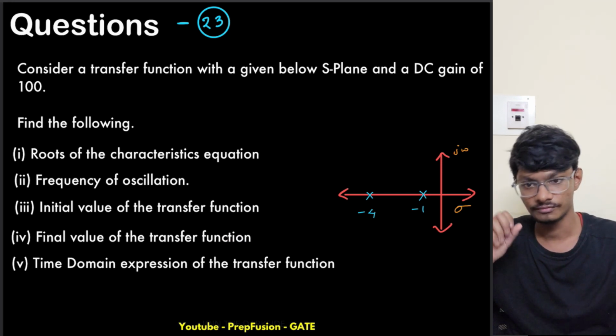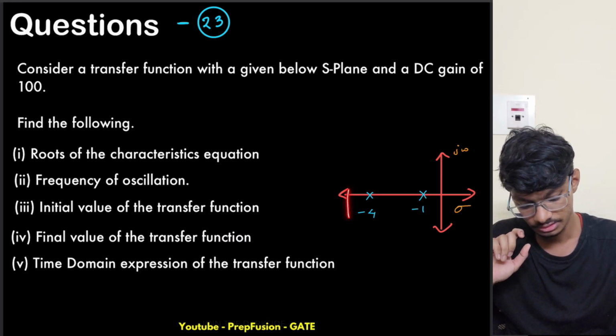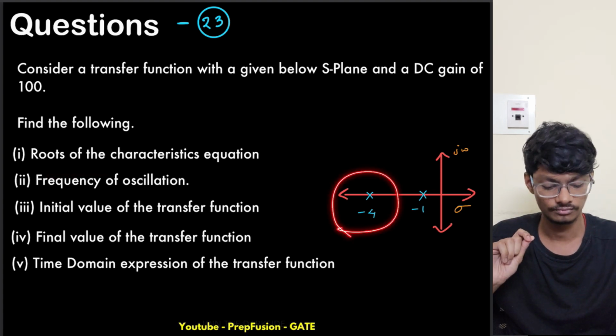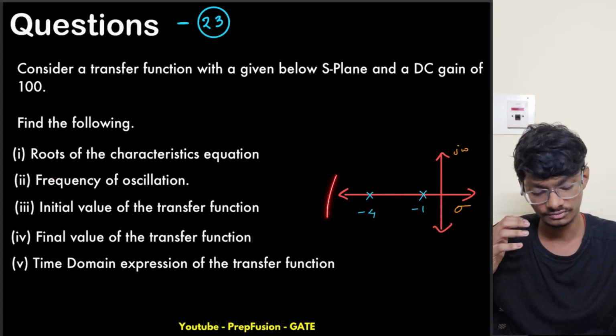So first, what I see is this has two roots, right? The roots of the characteristic equation will be minus 4 and minus 1.